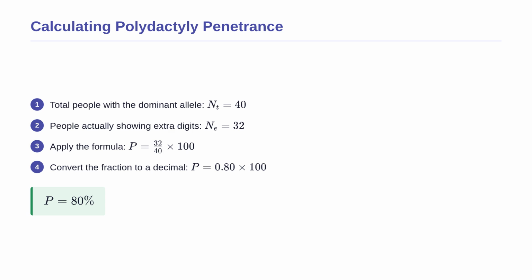This is our expressed number, Ne. We plug these numbers into our formula, dividing 32 by 40, which gives us 0.80. Multiplying by 100 gives us a final answer of 80%. Physically, this tells us that if a person inherits this specific dominant allele, they have an 80% chance of actually developing extra fingers or toes.